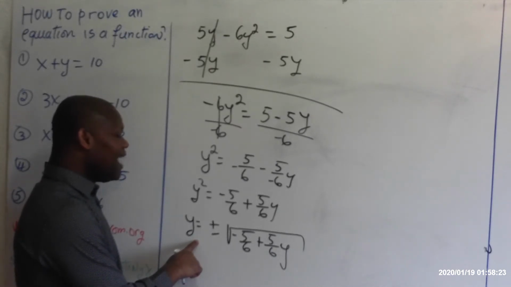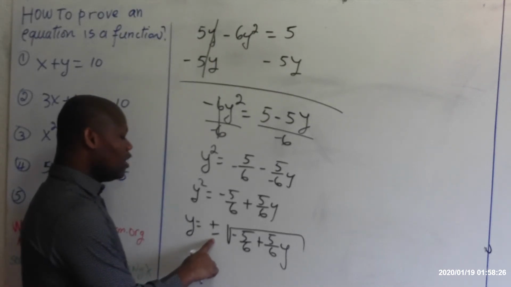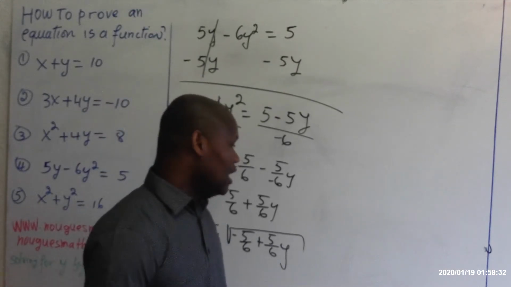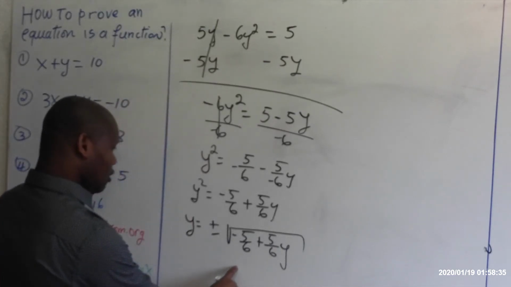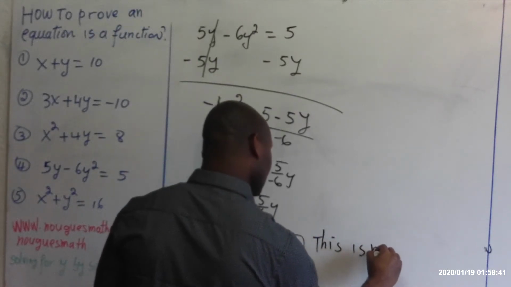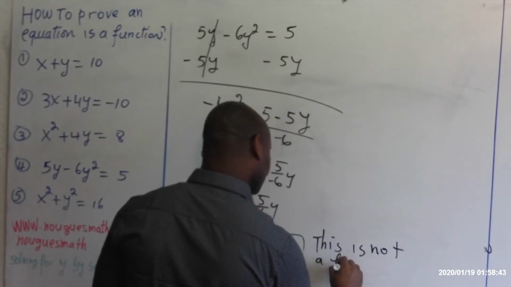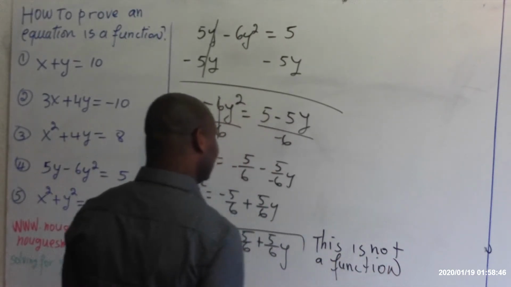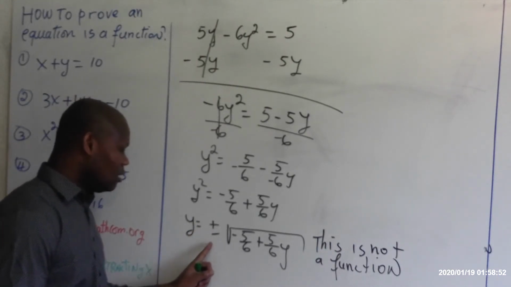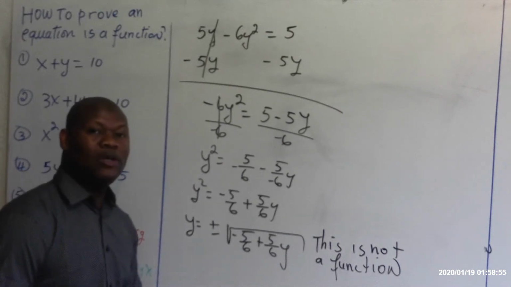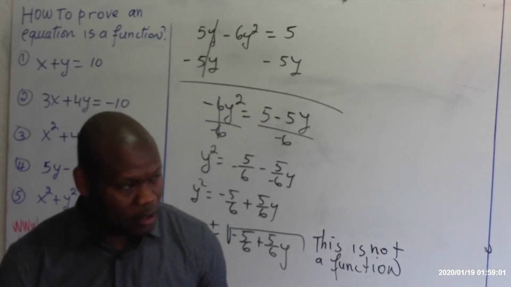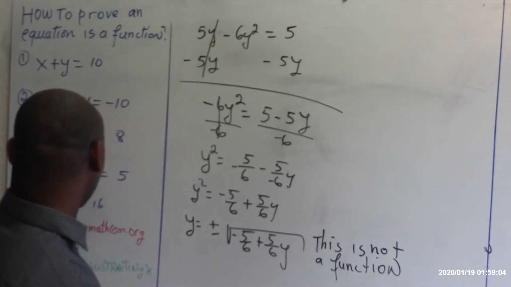Y will have two values, one positive, one negative. Therefore, you can quickly say this is not a function, because we have plus or minus, which means we will have two values for y. The value of y is not going to be unique. Very simple.